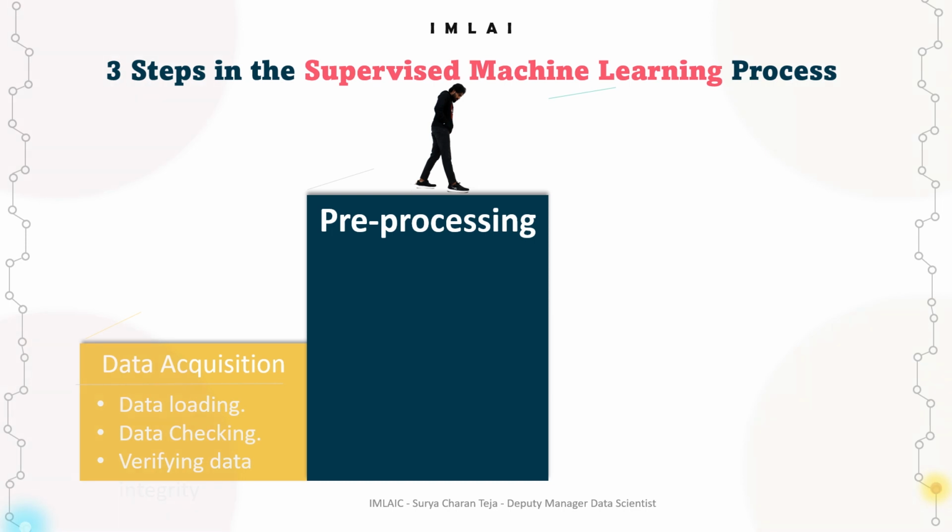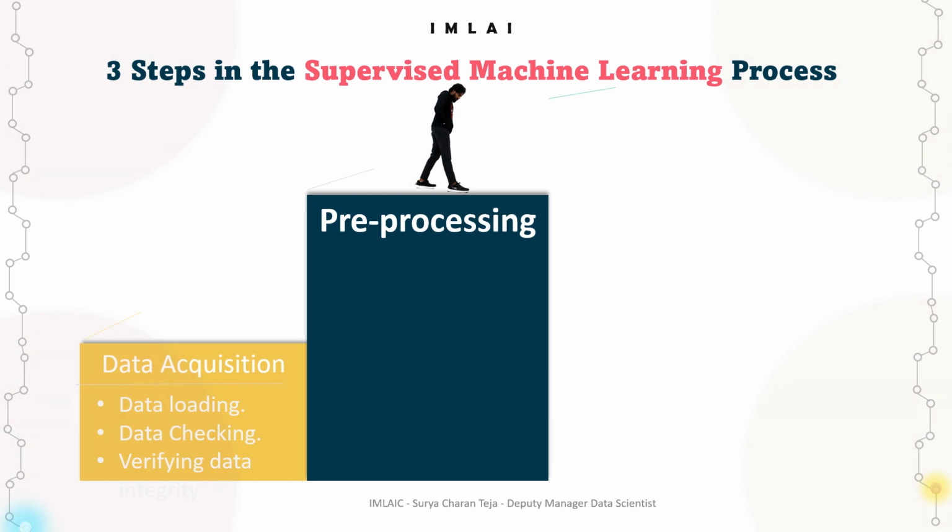Pre-processing is a very time-consuming step. Most of the time, maybe 90% of the time for a project, data scientists spend their time and effort in pre-processing more than working on the model. So the most important step is pre-processing.